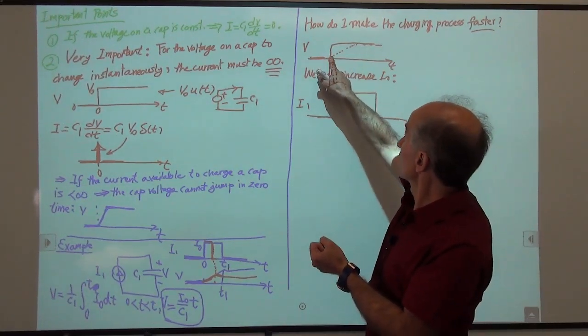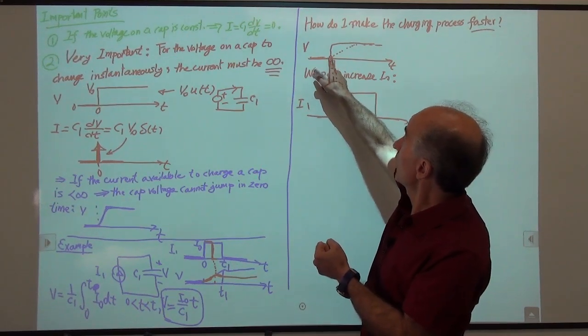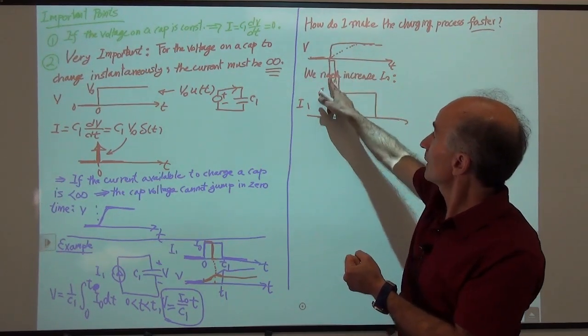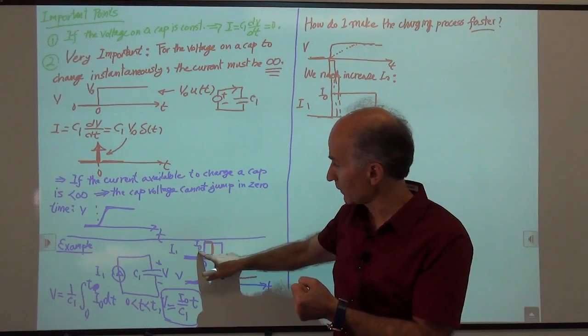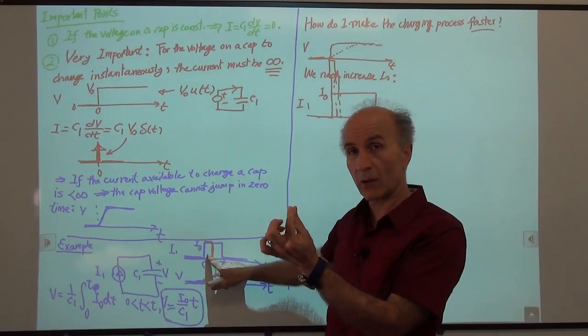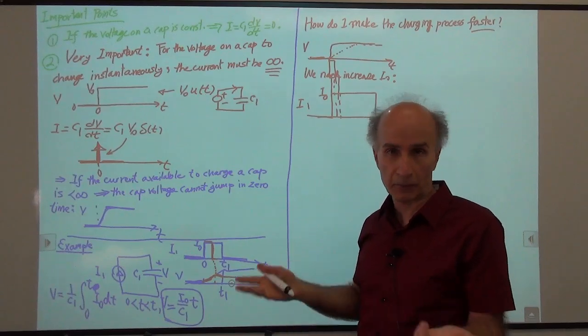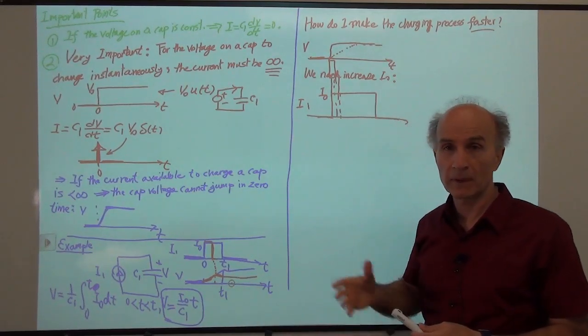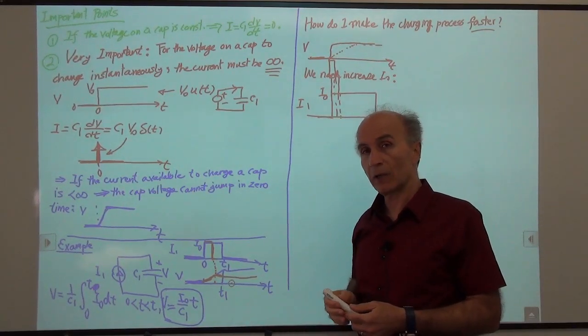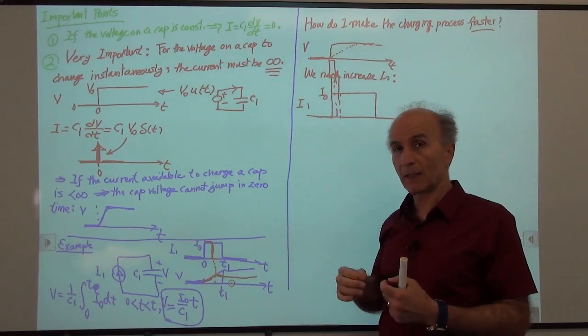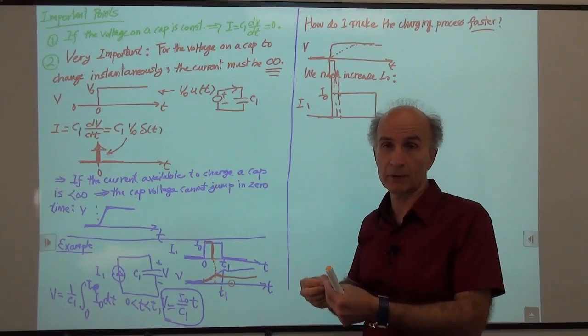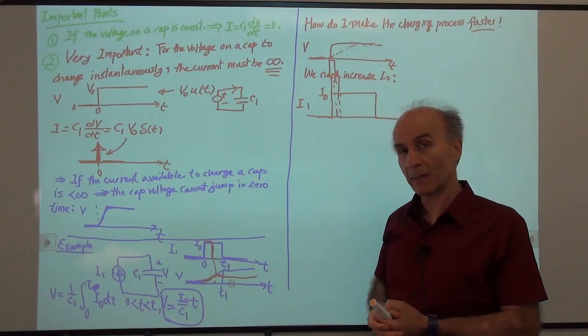So for this voltage to change abruptly like this, the current has to approach an impulse. Narrower and narrower, taller and taller. And of course, that's something that we saw before. This just reconfirms our intuition about the necessary current for an abrupt voltage change across a capacitor.